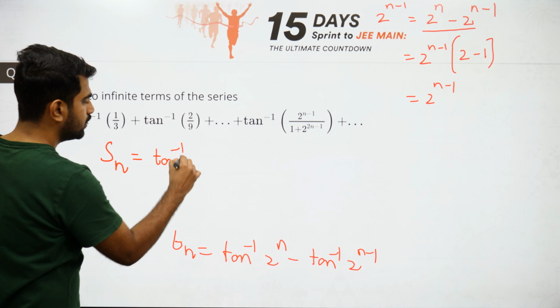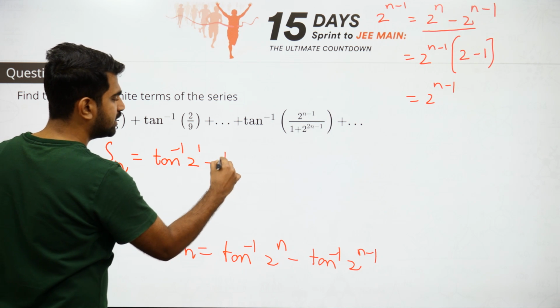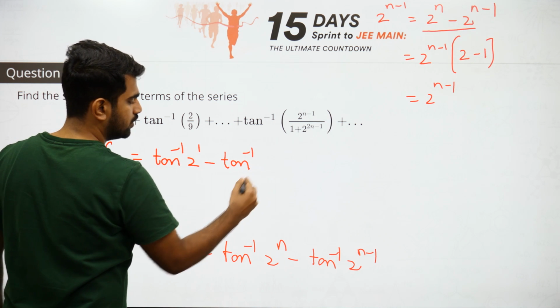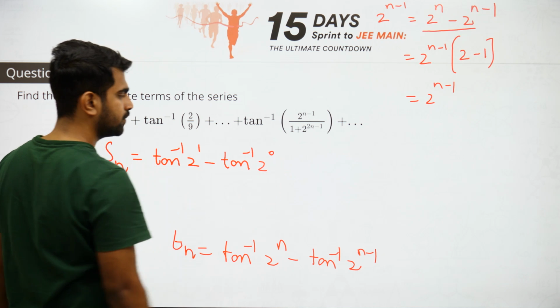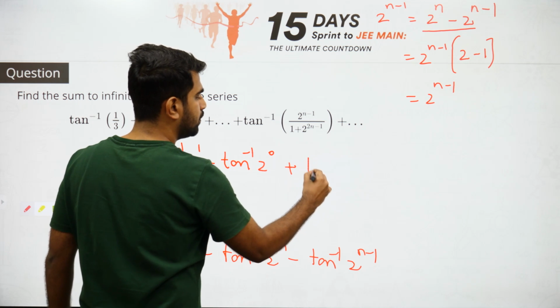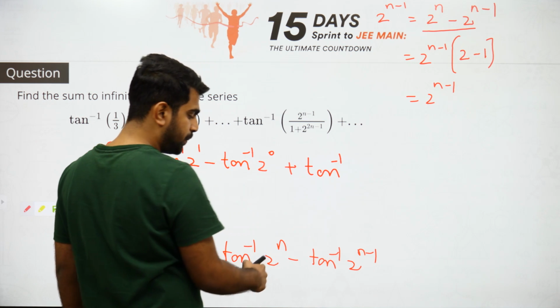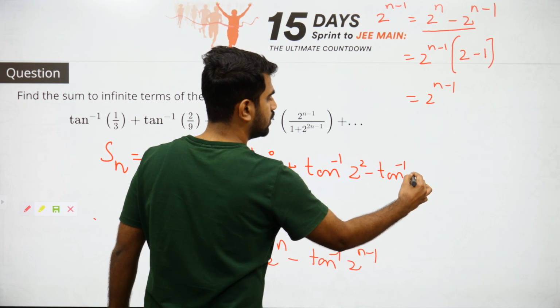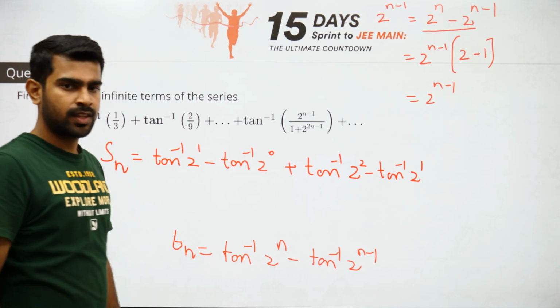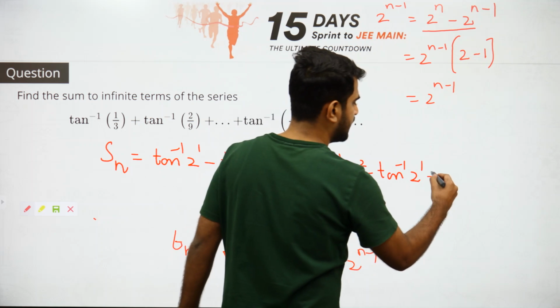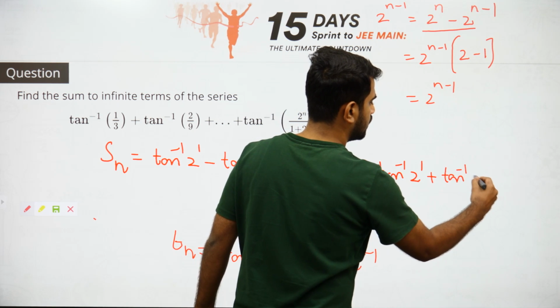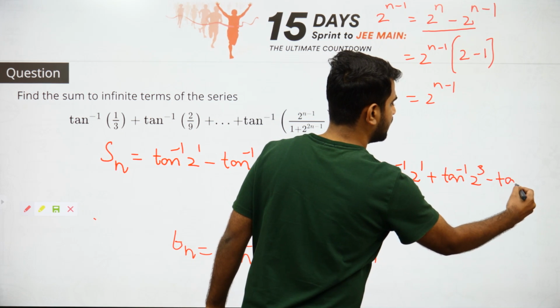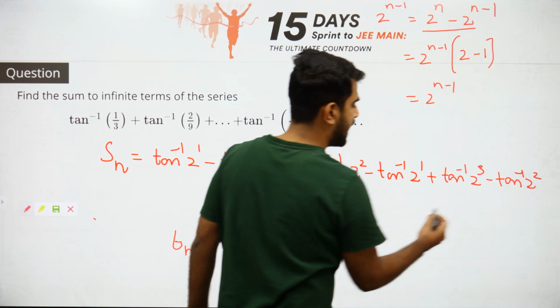Tan inverse of 2 to the power 1 minus tan inverse of 2 to the power 0. Plus tan inverse of 2 to the power 2 minus tan inverse of 2 to the power 1. What is third term? Plus tan inverse of 2 to the power 3 minus tan inverse of 2 to the power 2, and so on.